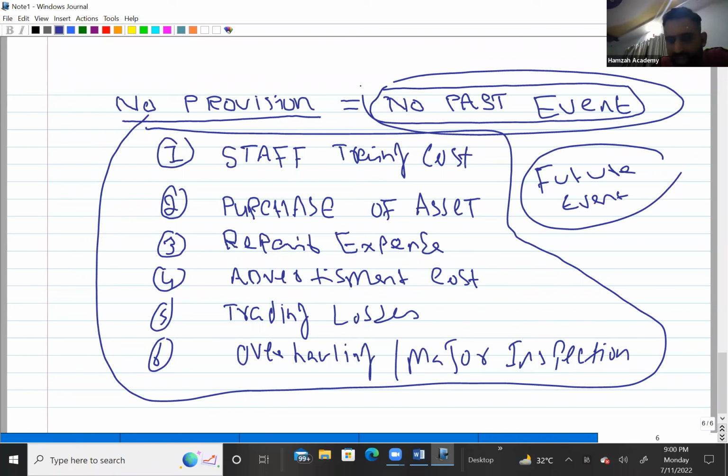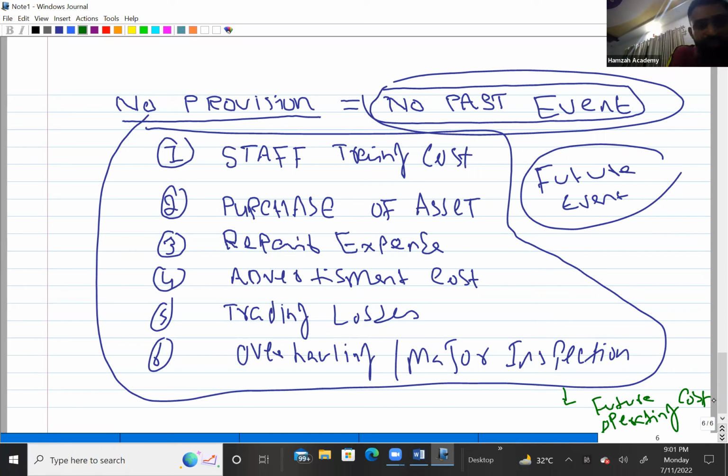And all these things are known as future operating costs, and IAS 37 strictly prohibits recognizing any provision for future operating loss.